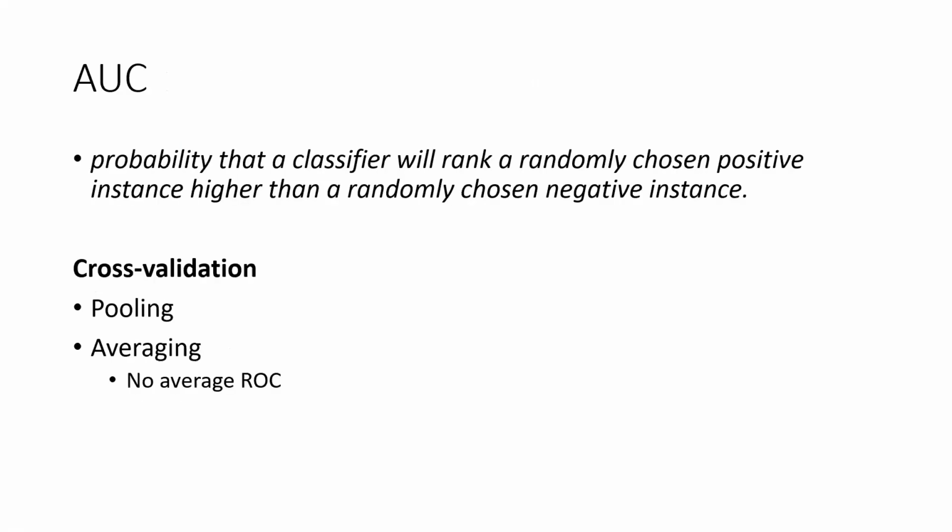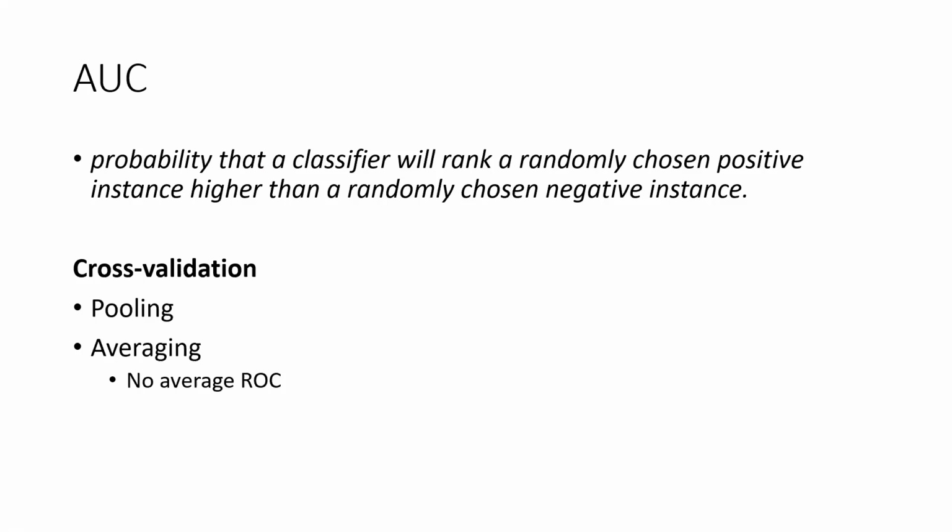So I'm just going to quickly touch on this AUC thing. AUC is the area under the curve. Once you generate the ROC, you can calculate the area under this curve. AUC has a very nice probabilistic interpretation. It is actually a probability: the classifier will rank a randomly chosen positive instance higher than a randomly chosen negative instance.